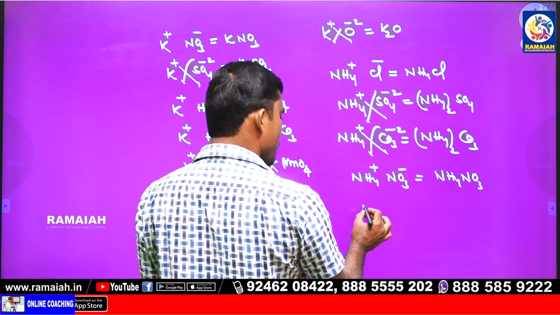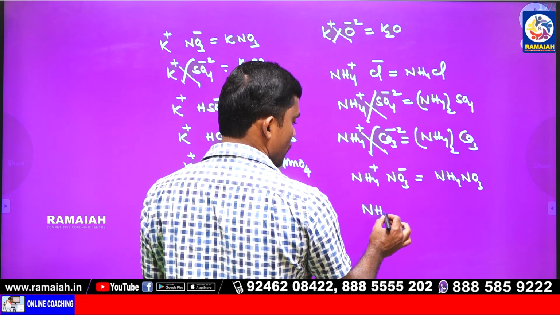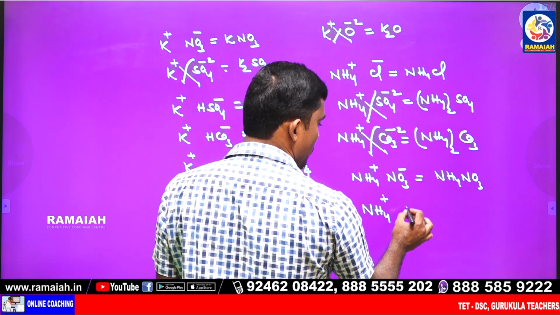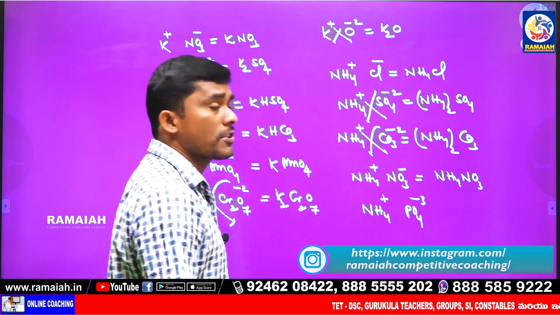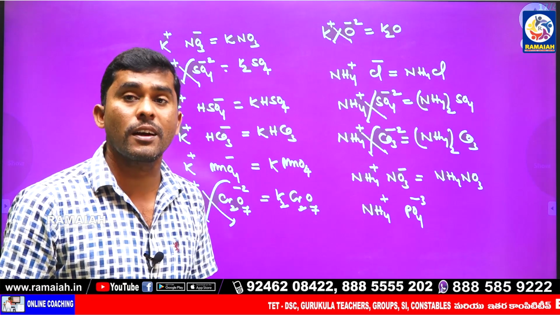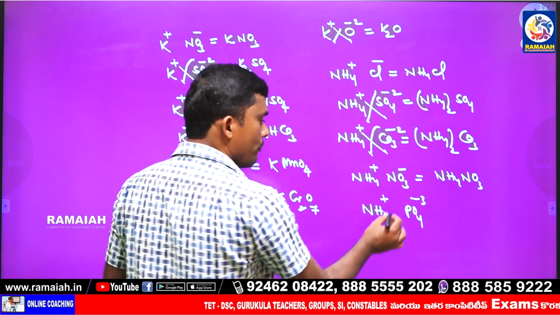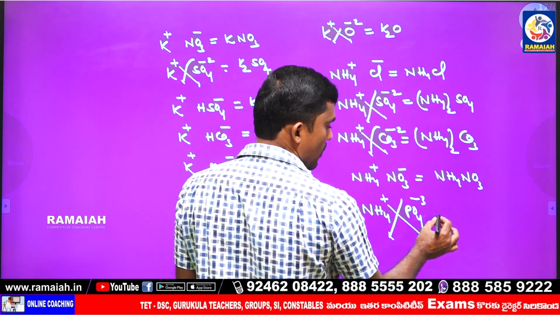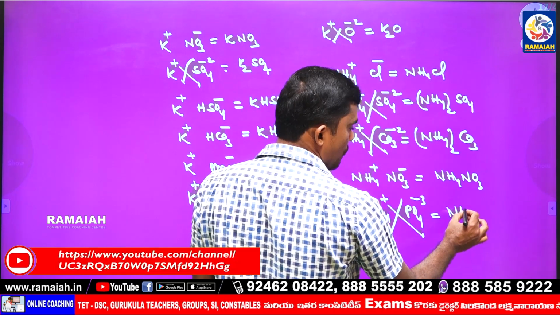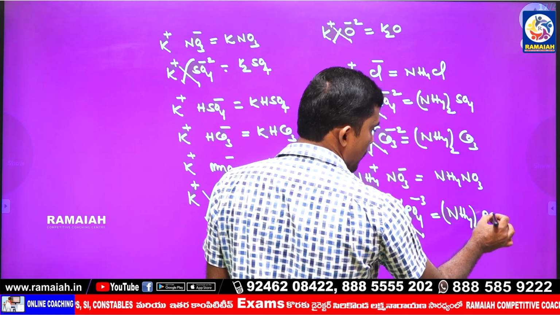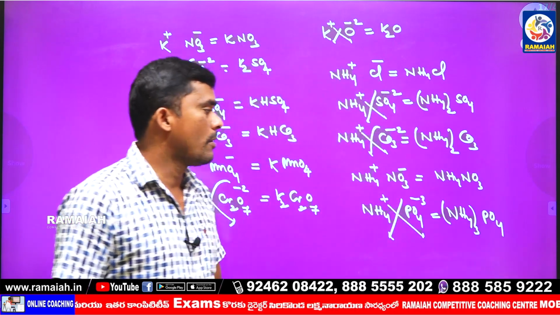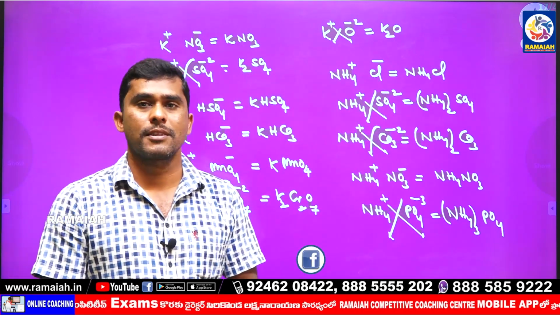Ammonium means NH4 plus. Phosphate formula is PO4 minus 3. Here the charges are not equal, so use the crisscross method. NH4 taken thrice PO4. It is the formula for ammonium phosphate.